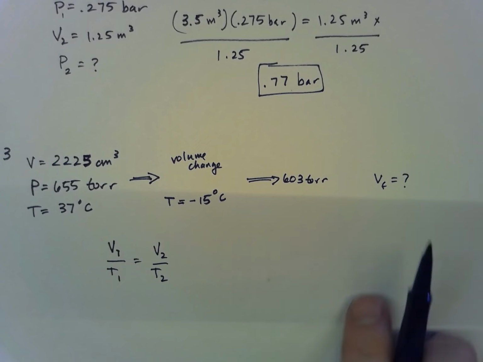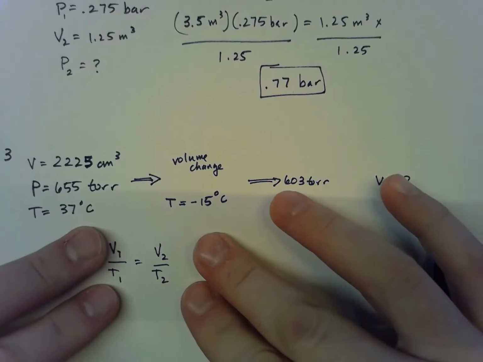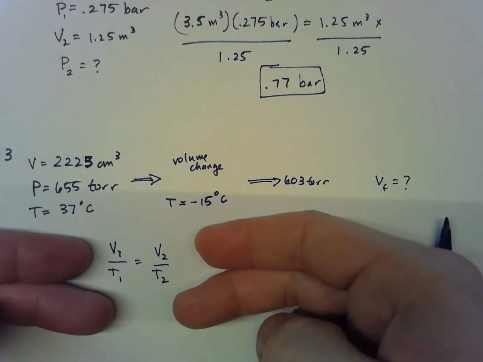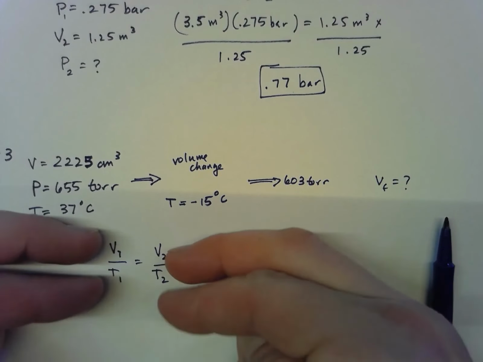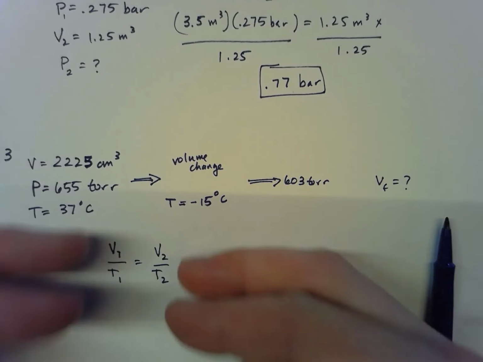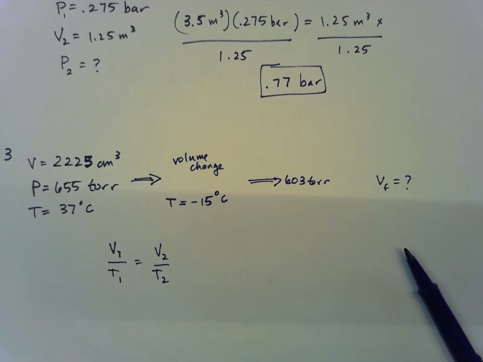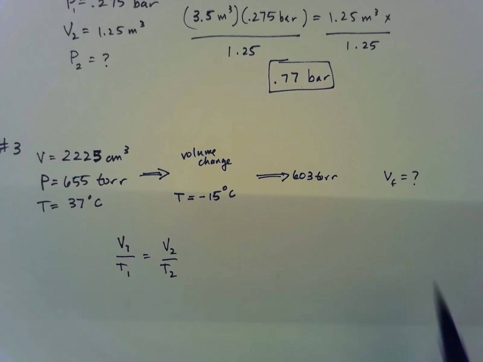And also the math will come out exactly the same as long as you can flip them. That doesn't matter, as long as you do both sides. All right, so what do we have? We have 2225 centimeters cubed, and again, our units don't so much matter as long as they stay the same, over T1. Well, what's the problem here?